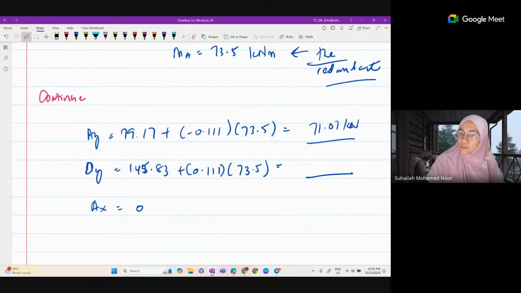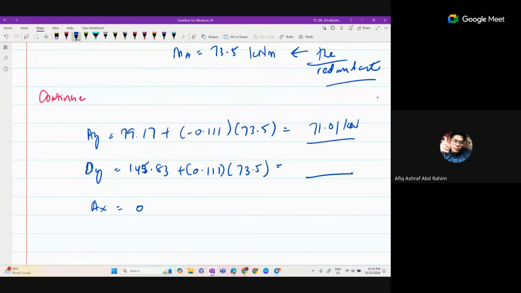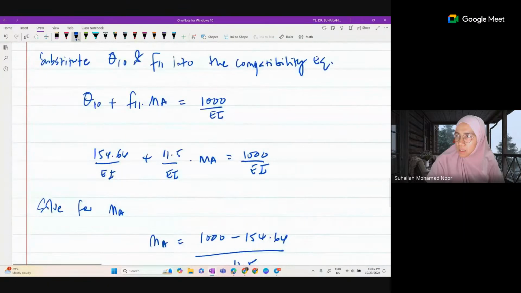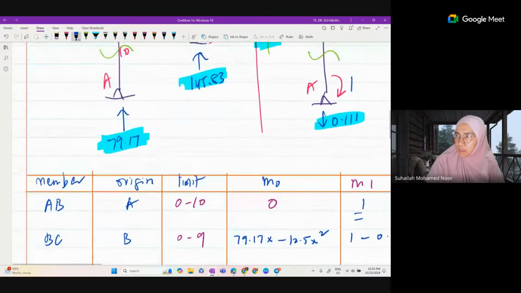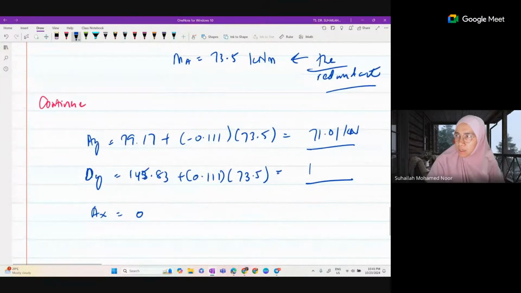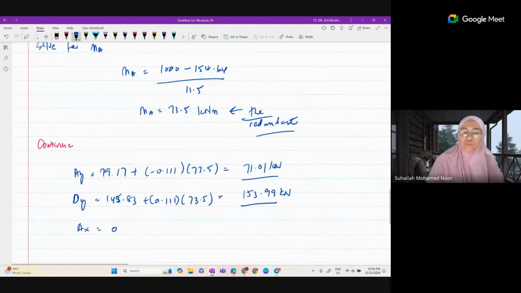And another one, DY 153.99. Betul tak saya ambil tadi ni? 153.99 kilonewton. Okay, so dah ada semua ni.